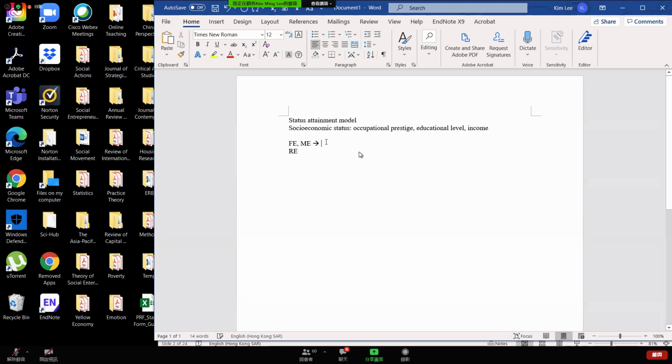So in this case, we have two theoretical statements. Combined, that means mother's education affects one's educational level, and father's educational level also affects the respondent's educational level.